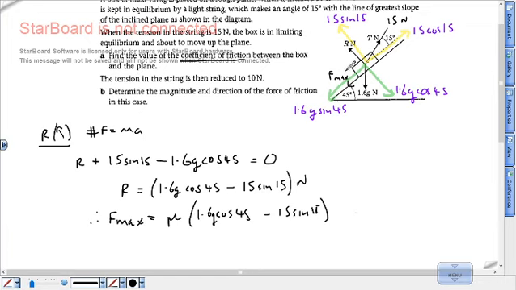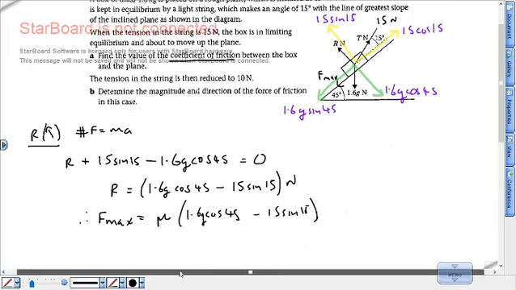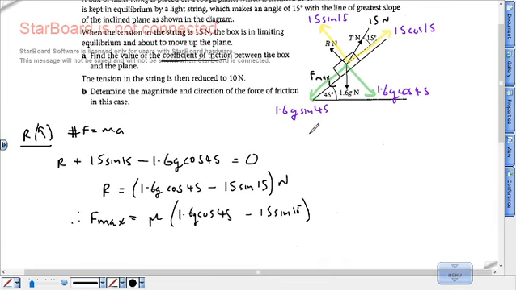And because it's in limiting equilibrium and it's wanting to go up the plane, I'm now going to resolve, just draw a line like that, going up the plane as positive. I end up with net forces equal to 0 because we're in limiting equilibrium.